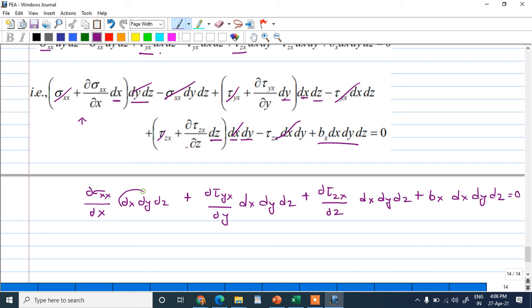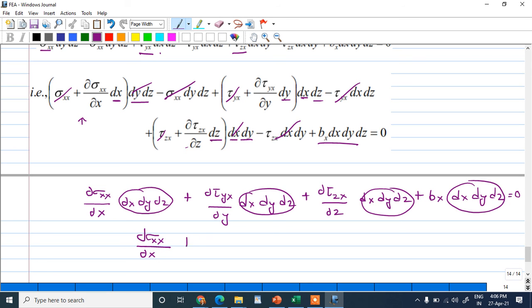And if you see, in each term dx dy dz is common, so you can take it outside and divide by it. The final equation is the partial differentiation of normal stress sigma xx with respect to x, plus the partial differentiation of shear stress tau yx with respect to y, plus the partial differentiation of tau zx with respect to z, plus bx, that is equal to 0.